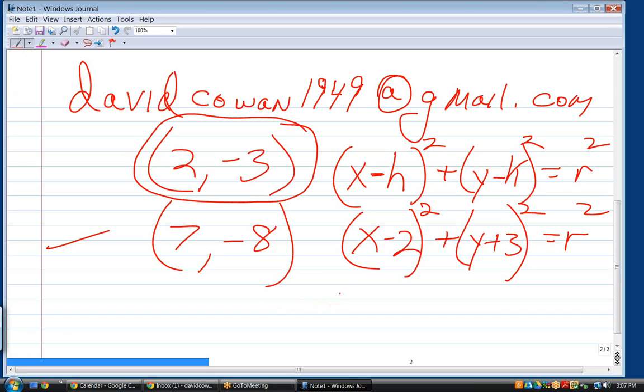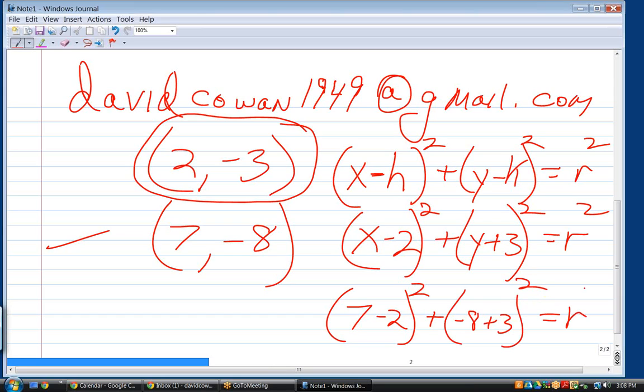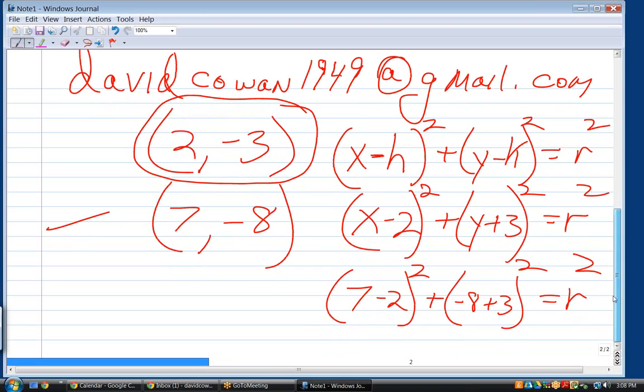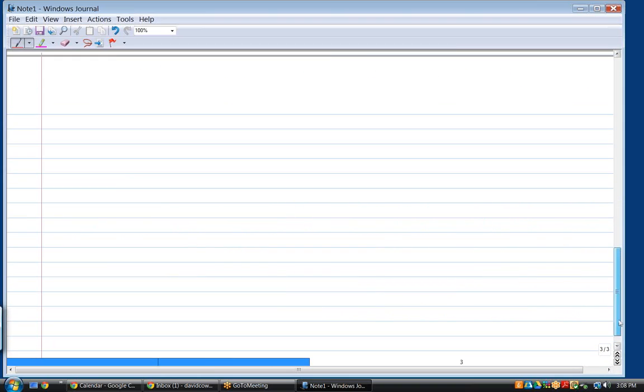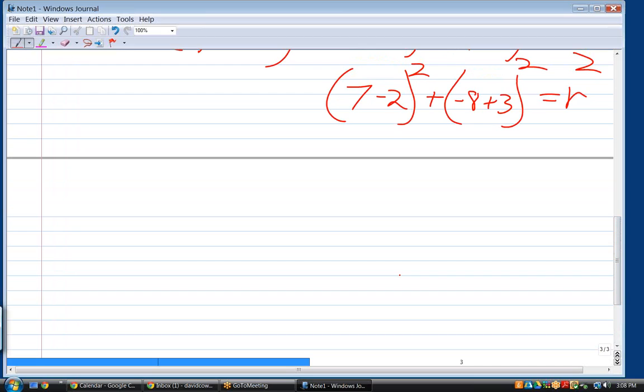Okay, so I can plug that in. Now I have an equation with only one variable, and I'm going to be able to solve for it. Okay, help me finish this.